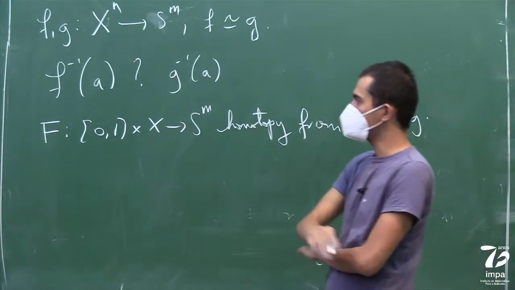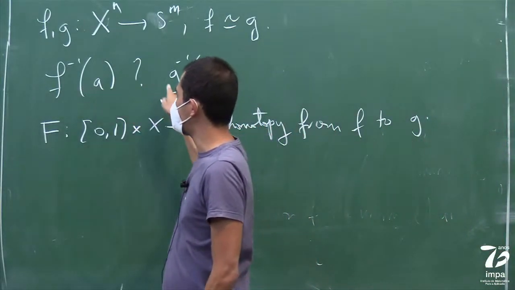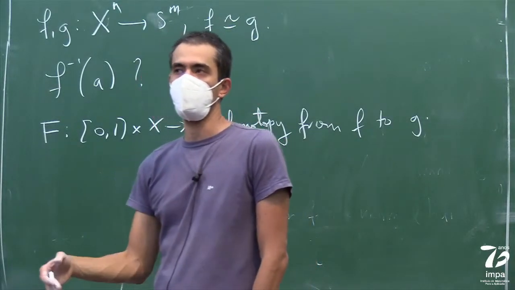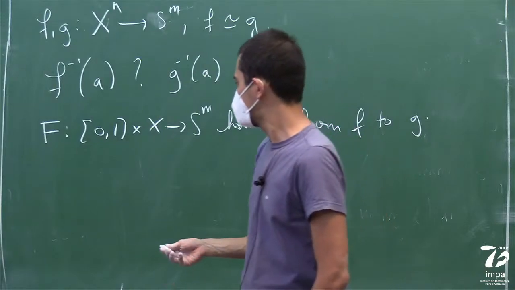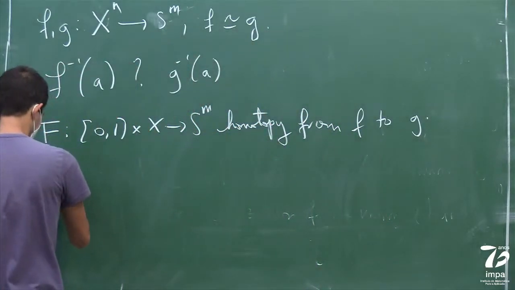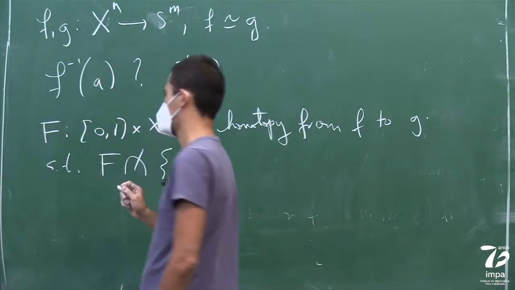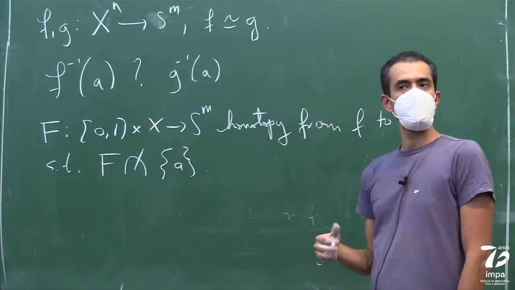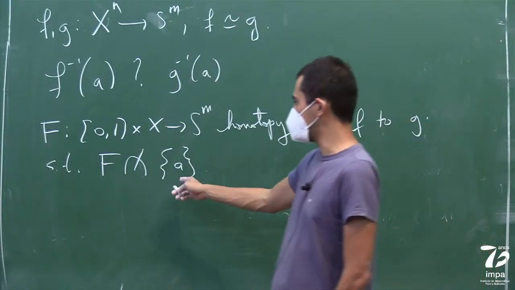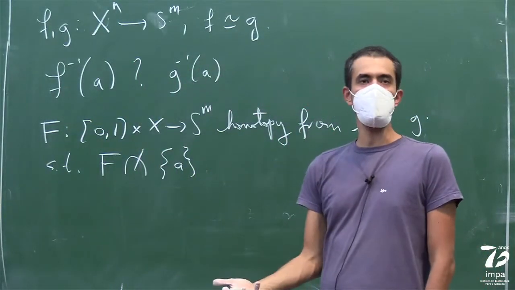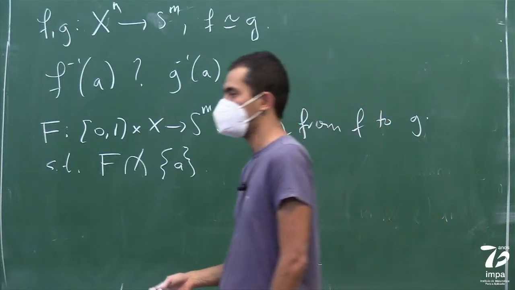And if A is a regular value of f and g, we might as well assume that A is also a regular value of F, up to a little perturbation, such that F is transverse to A. So what we can do now, we know it's transverse to A and it's transverse to little f and little g. So we can look at the preimage of A by capital F.